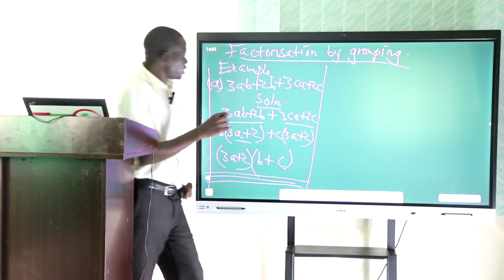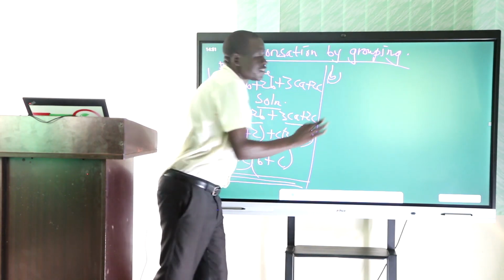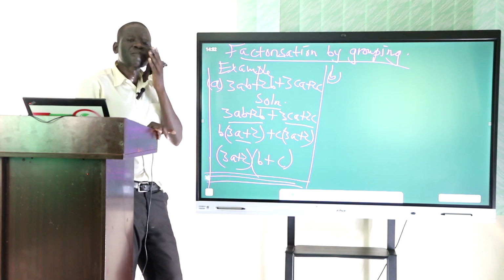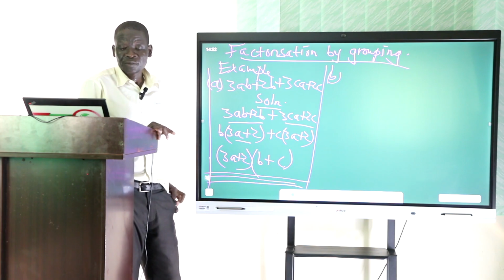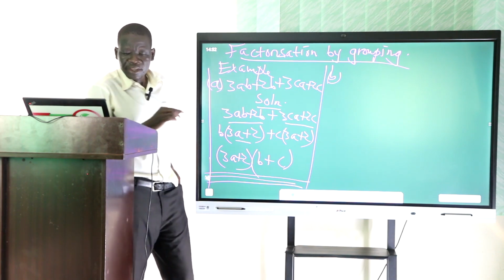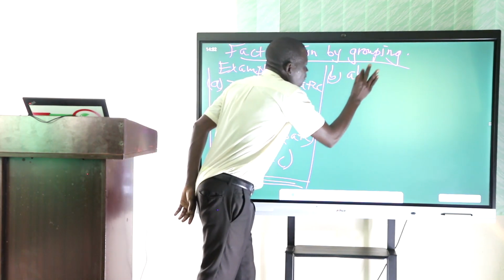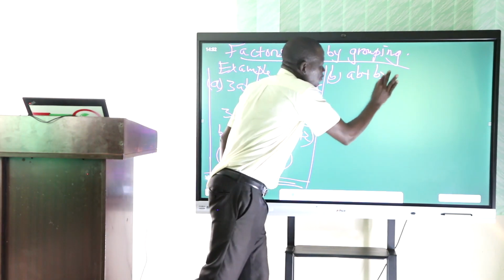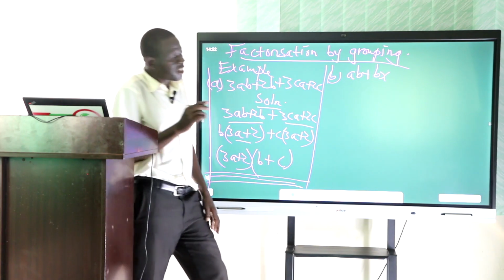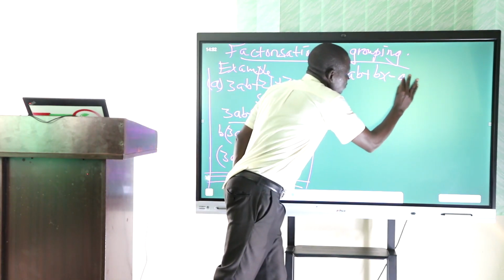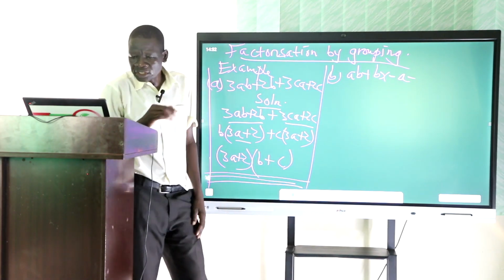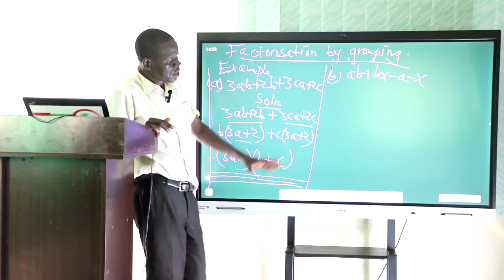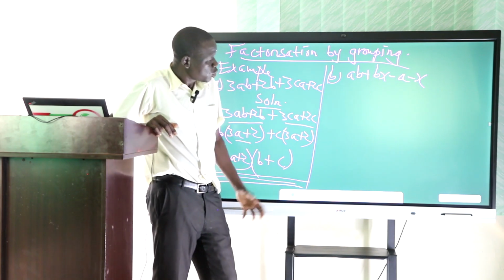We can look at part B of the expression, which also requires us to factorize by grouping. The question says AB plus BX minus A minus X. So as I said, this one is a bit technical.